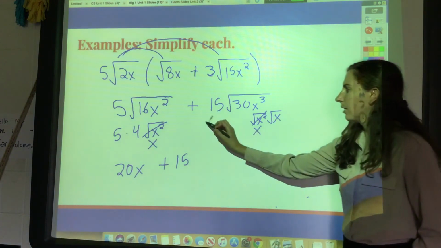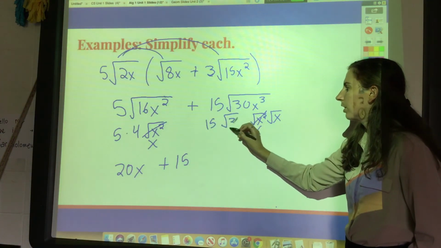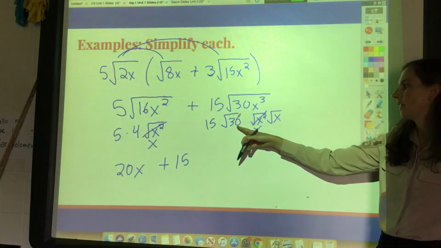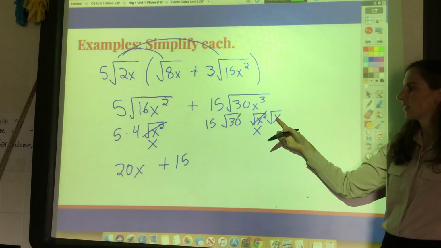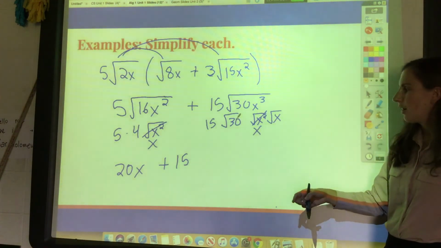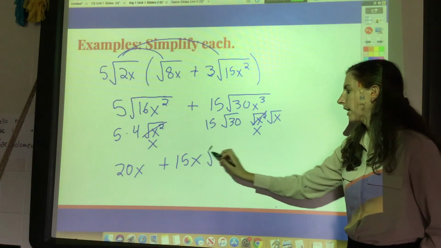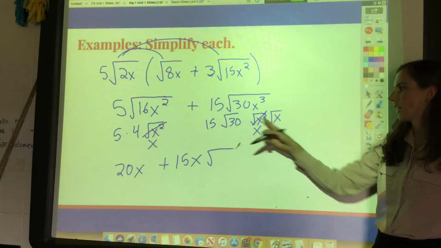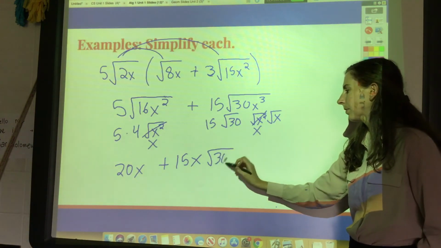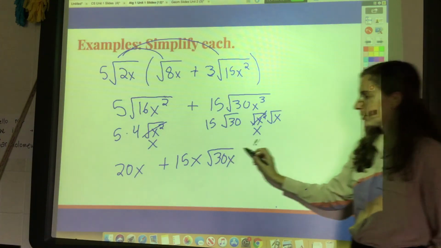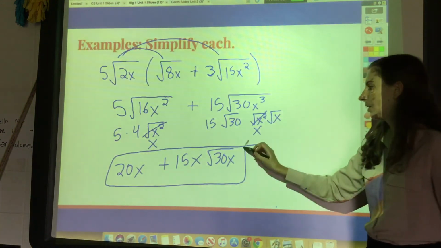So that leaves me with 15 times the square root of 30, because it hasn't been square rooted yet, times x times the square root of x. The stuff on the outside would be 15 and x, and under the radical, that would be 30 and x. So that's my final answer on that one.